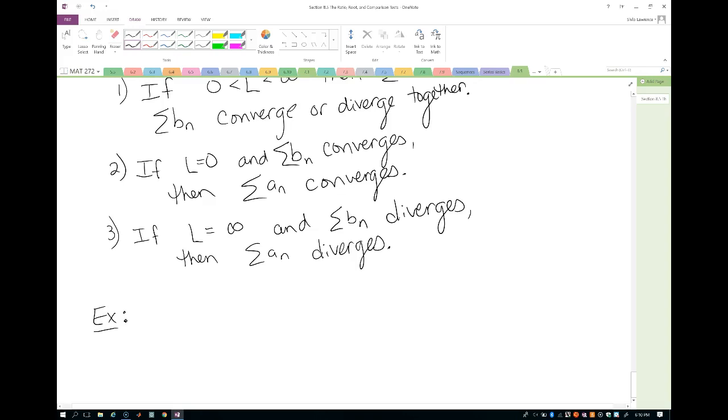So if there happened to be another variable in there somewhere, other than that it looked like a geometric series, then that might be a good example for using limit comparison. Or like a p-series where we typically see n to some power in the bottom. If we see n plus or minus a constant to some power, that might be good for the limit comparison as well.